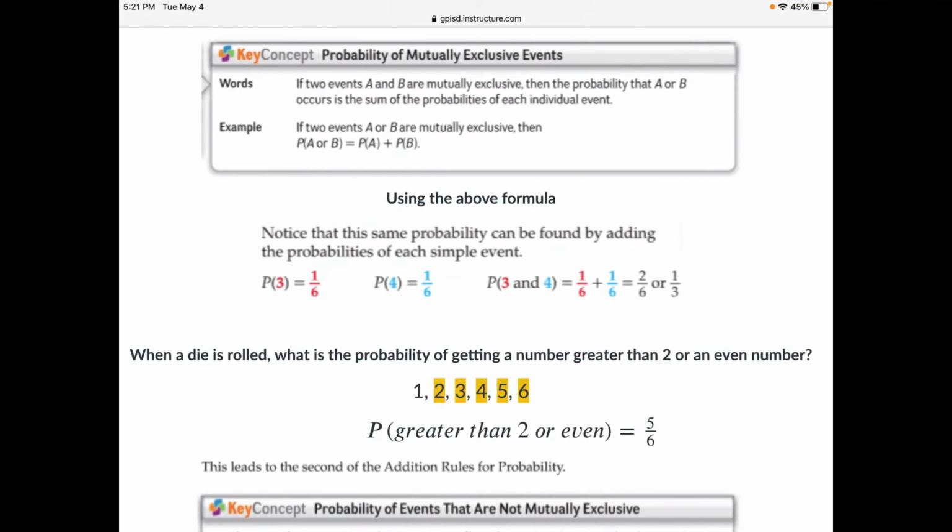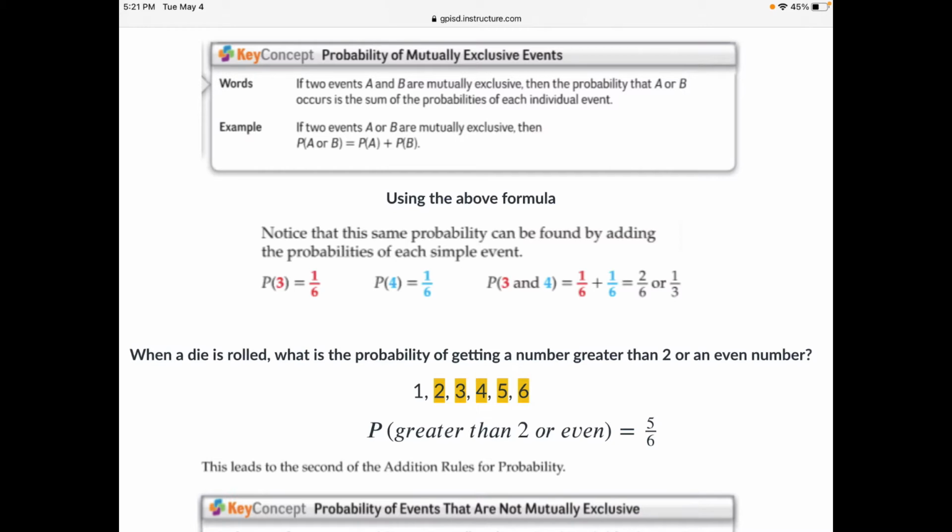Now, we have a formula that helps us to understand this in situations where it's not so easy. What if the sample space is a bit larger? This formula says if two events A or B are mutually exclusive, then the probability of A or B is equal to adding the two separate events together.